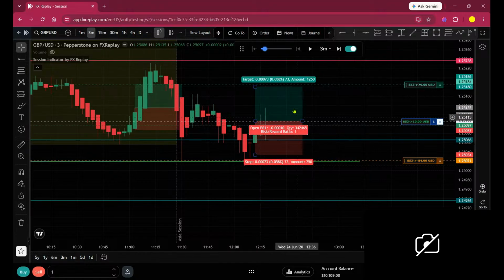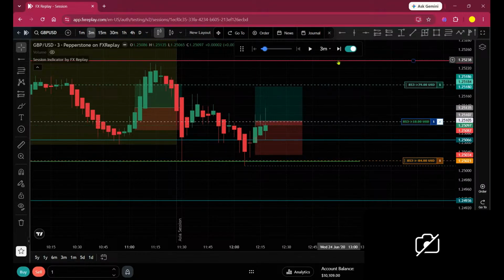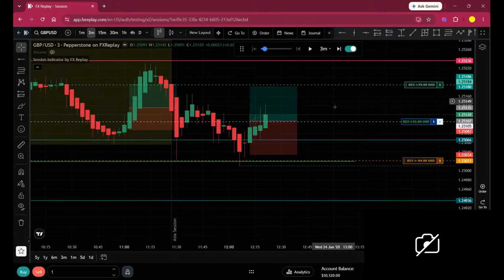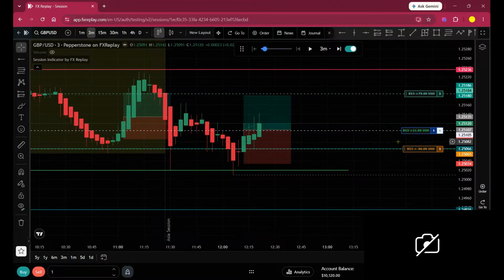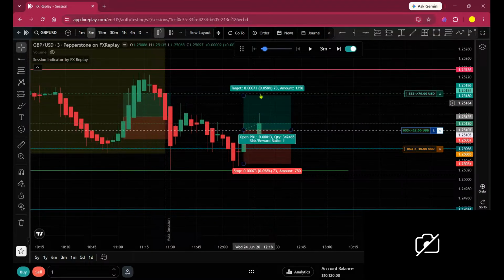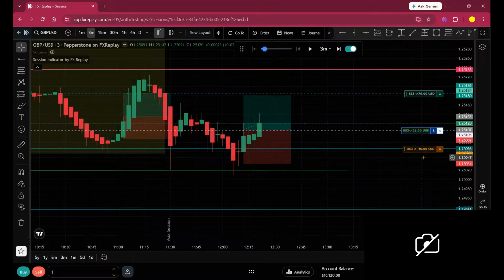If a bearish candle forms here, then we can directly close. So we are in positive, right? Now I can move my stop loss to here. So 40, if the trade hits SL, we will lose $40.